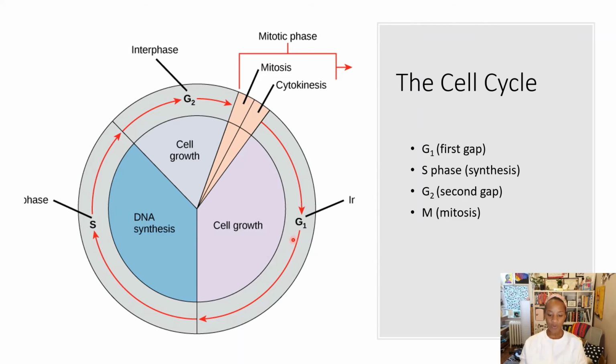So after G1, we can follow the arrows, the cell moves into S phase. During S phase, the DNA is replicated. S stands for synthesis. DNA is replicated, which means a new identical copy of the DNA is synthesized in preparation for the creation of a new daughter cell. During S phase, the mitotic spindle is developed. Write this down now because it's going to become important during one of your assessments.